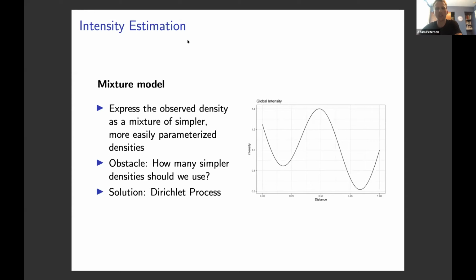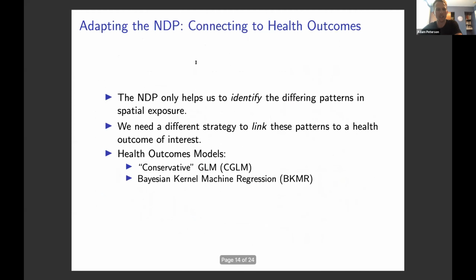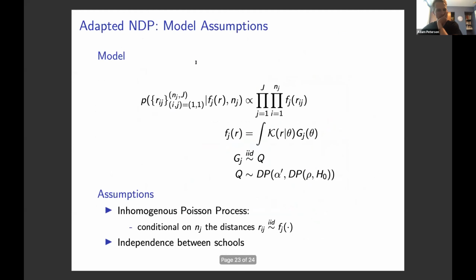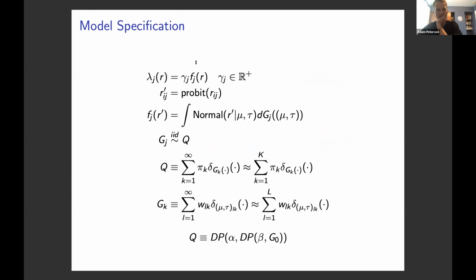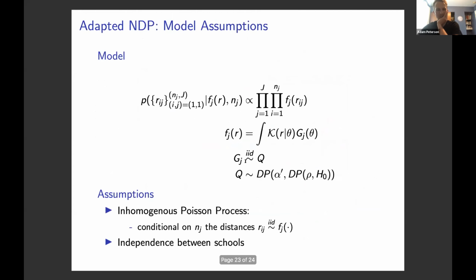I didn't go into any of the mathematical notation because sometimes Dirichlet process notation is a little bit scary. I do have it in a supplementary slide, so maybe I can just point it out real quick. If any of this is making your eyes glaze over, don't worry about it. The only thing I'm trying to point your eye towards here is this alpha.